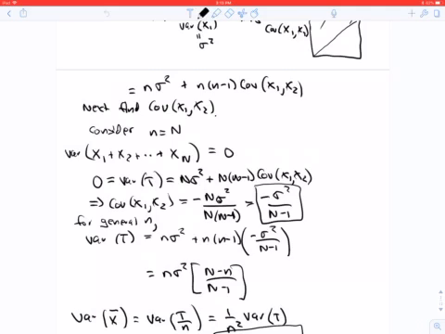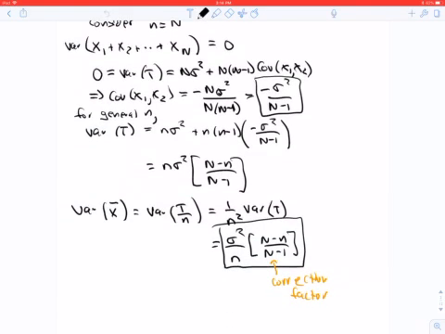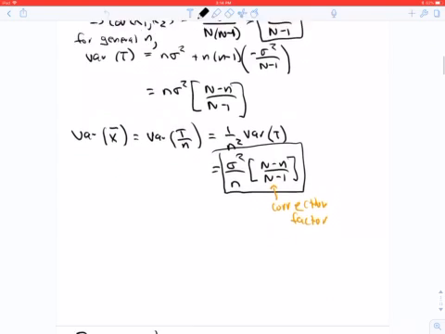And so we can write out our expression for the variance of T so that we can solve for the covariance of X1, X2. And we see that the covariance of X1, X2 is minus sigma squared over capital N minus 1. And then for general n, once we know that, we can get an expression for the variance of T and ultimately the variance of X bar to give us the desired formula.